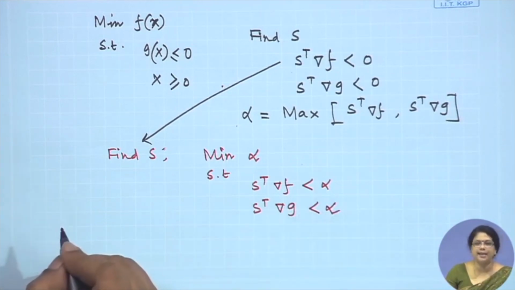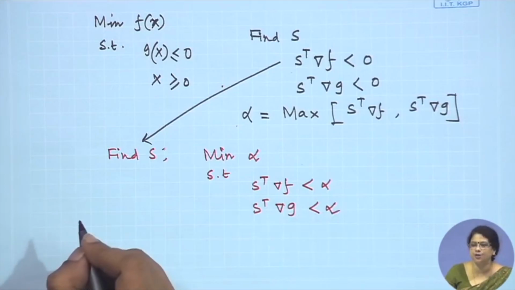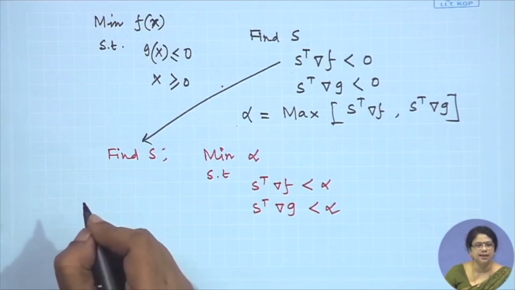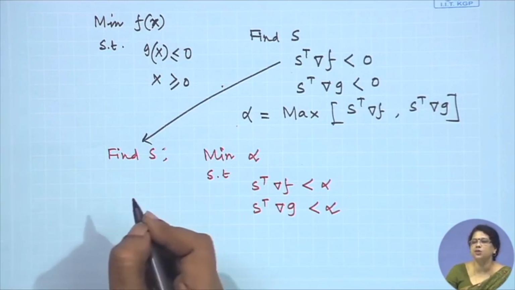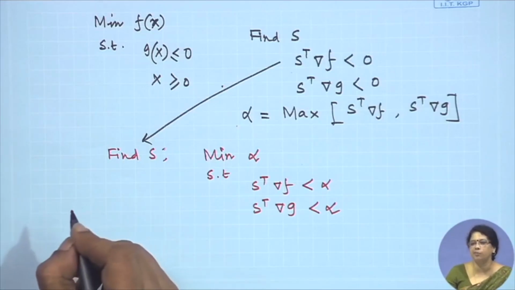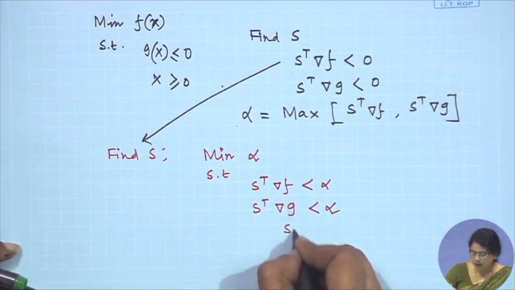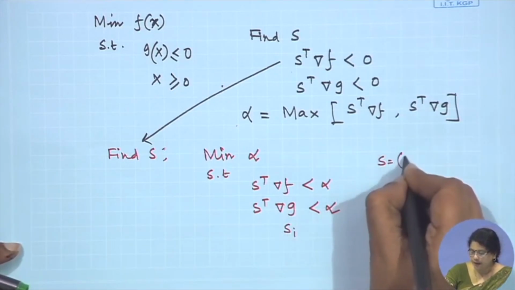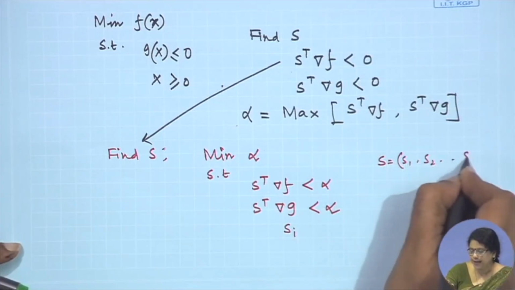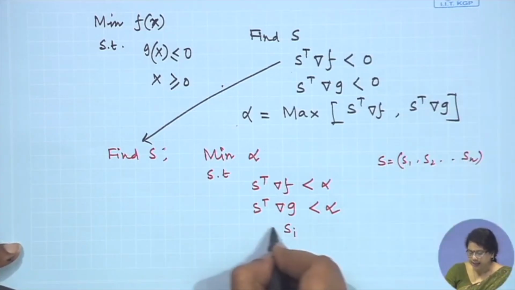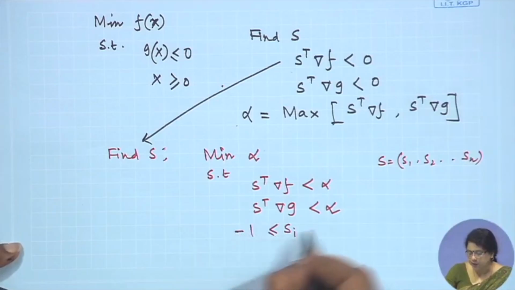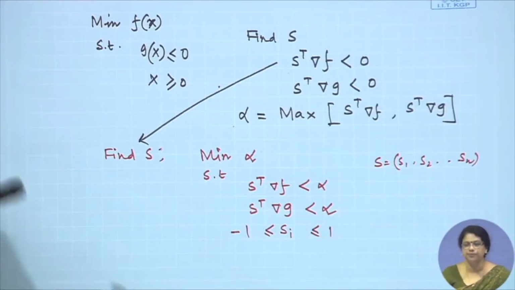What did I say? I said that S is a direction, S is a vector. If we have an n-dimensional decision vector, then S will have n components. That is why, for individual Si's, where S would be S1, S2, up to Sn in n dimensions, individual Si will be between -1 and 1.